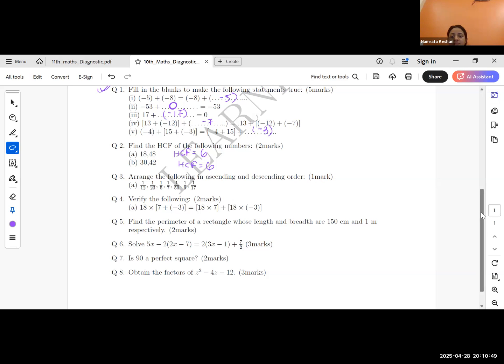Arranging in descending order. Ascending to descending: 1 by 5, 1 by 7. Ascending order you are saying. Yes, write an example in your copy. 100 by 2, 100 by 5. Which one is bigger?